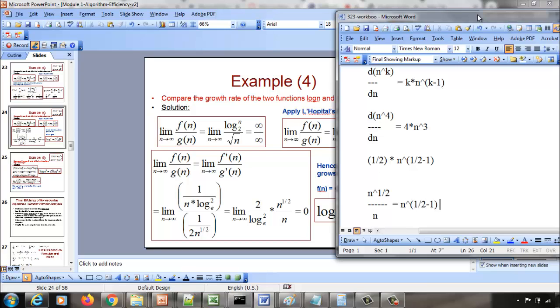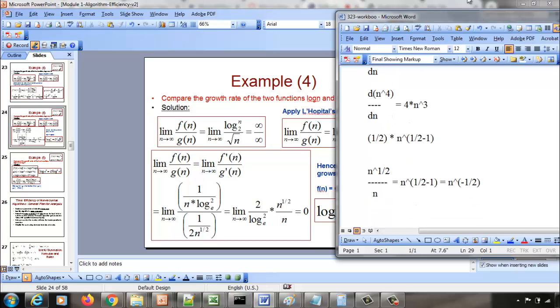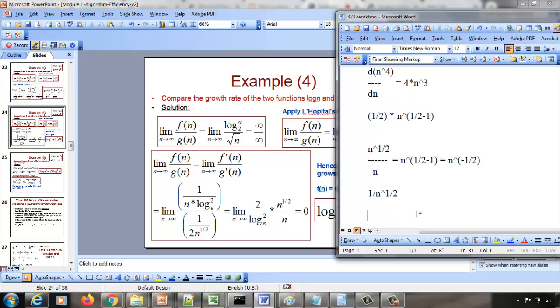So that is n raised to negative half, and that is 1 over n raised to half. So 1 over n raised to half, if I apply the limit n tends to infinity, 1 over infinity.